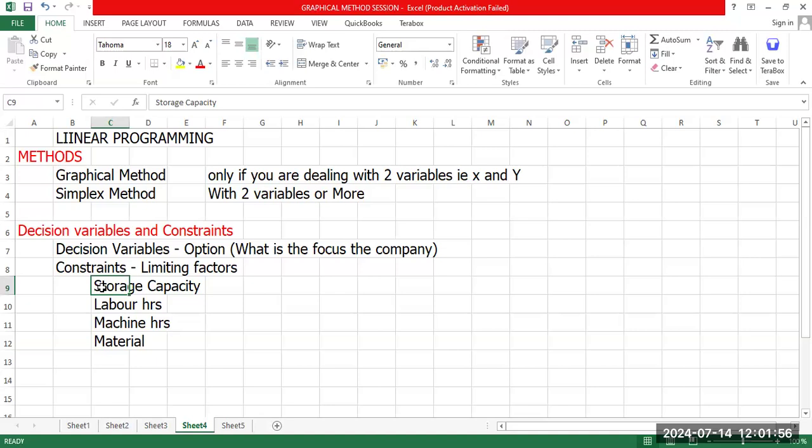And what you need to know is that within linear programming, each constraint forms an equation.